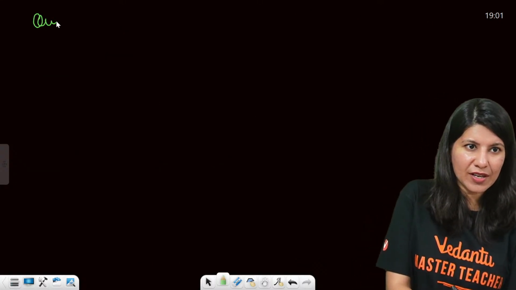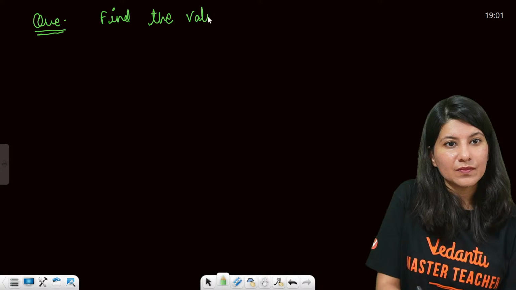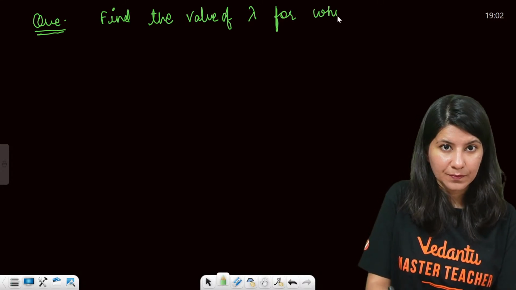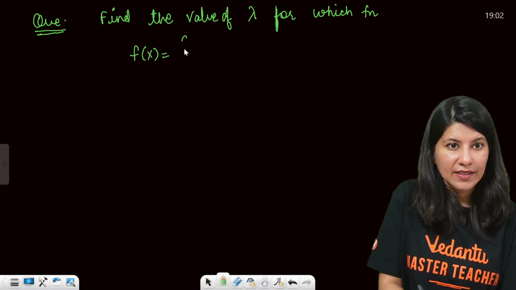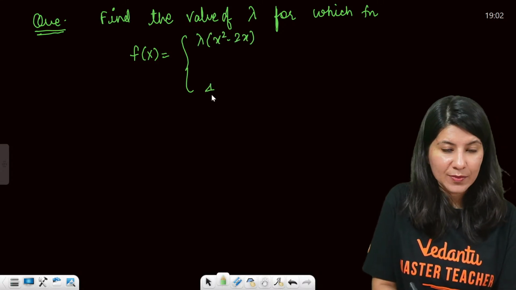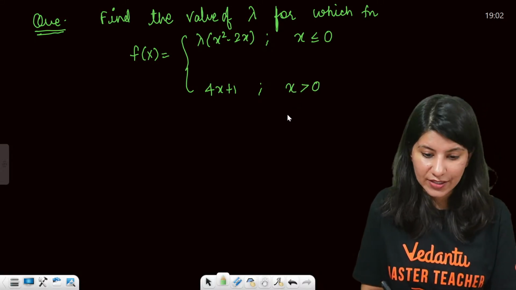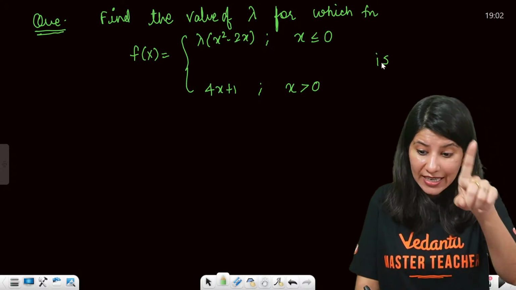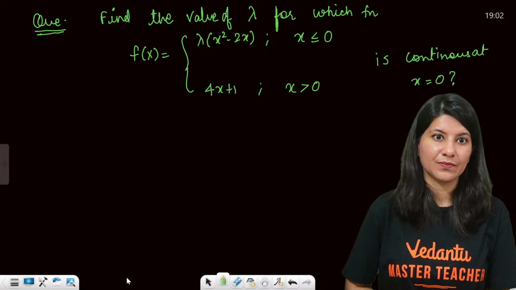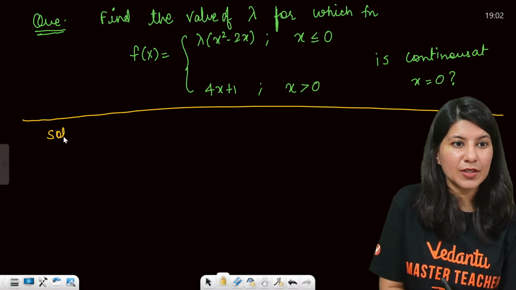Find the value of lambda for which the function f of x equals lambda x square minus 2x if x is less than or equal to 0, and 4x plus 1 if x is greater than 0, is continuous at x equals 0. This is your question. What about the solution?